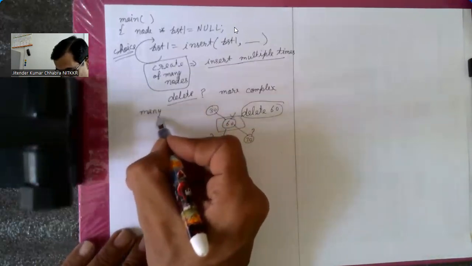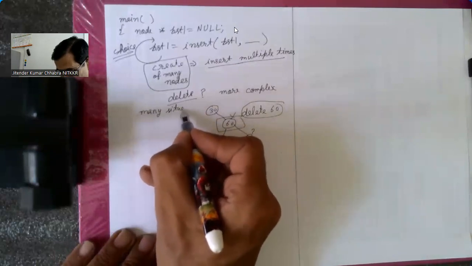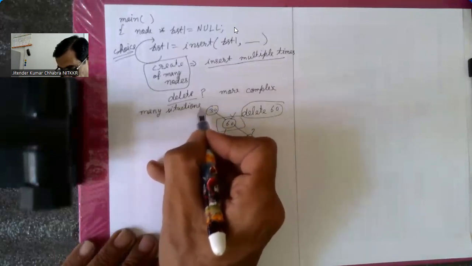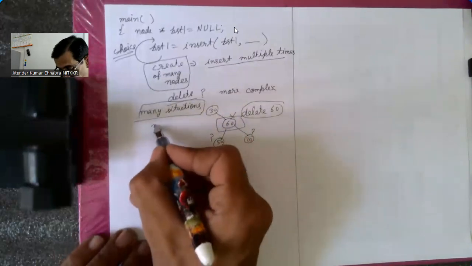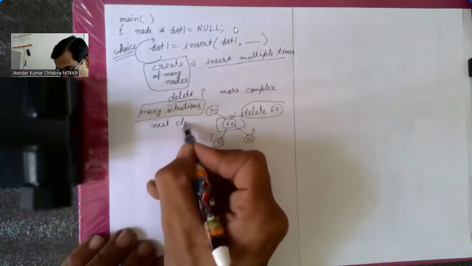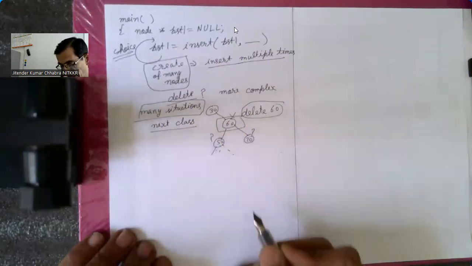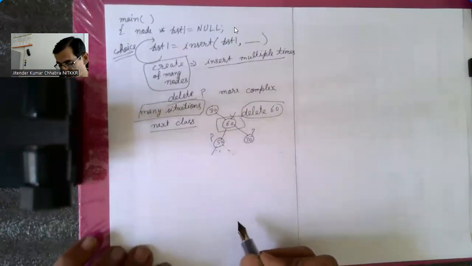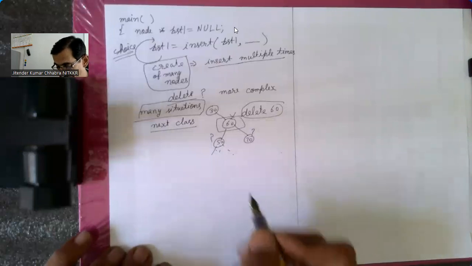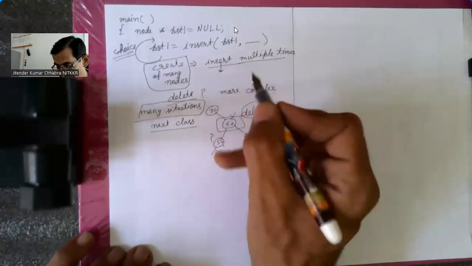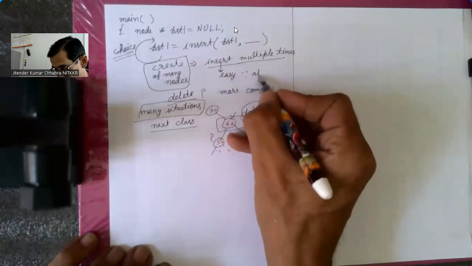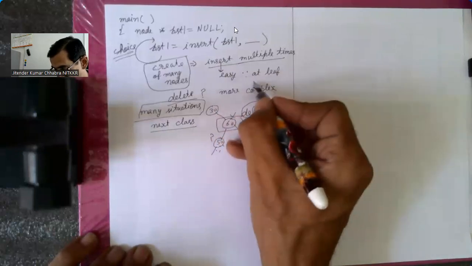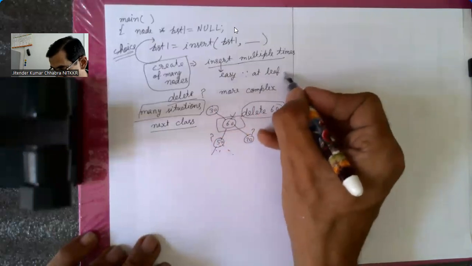So deletion will have many different situations. Some of the situations could be easy to handle. Some situations could be difficult to handle. So deletion we will discuss next class, and we will talk of those situations, and then I will discuss the delete logic. But of course, insertion was easy because it made the changes at the leaf level, and other existing nodes were not disturbed at all.